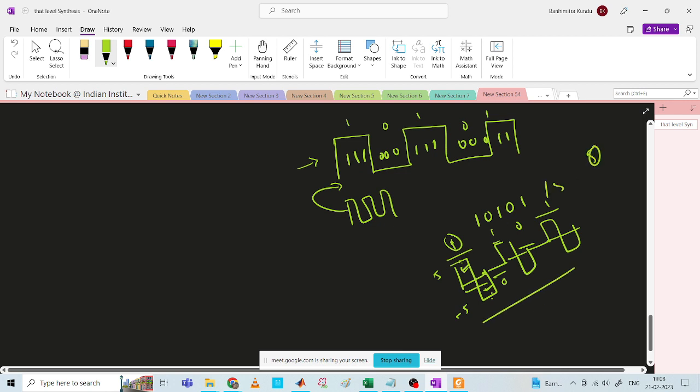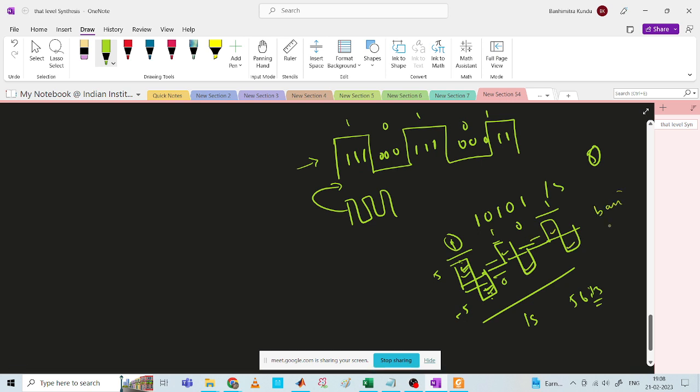This total is 1 second, and in this 1 second you are sending only 5 bits. But how many signal changes are you sending? 1, 2, 3, 4, 5, 6, 7, 8. So the baud rate is 8 per second.